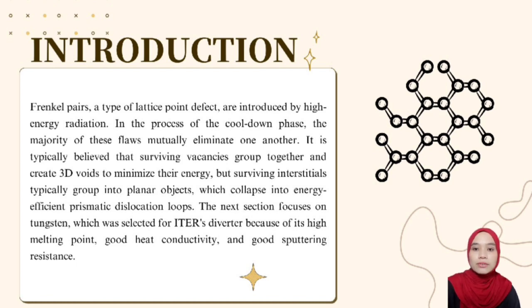After an hour of annealing at temperatures between 400 and 1300 Celsius, tungsten that was exposed to radiation at low temperature and low dose was studied utilizing positron annihilation spectroscopy (PAS). They noticed that the density of vacancy clusters significantly decreased at temperatures of 800 Celsius and above.